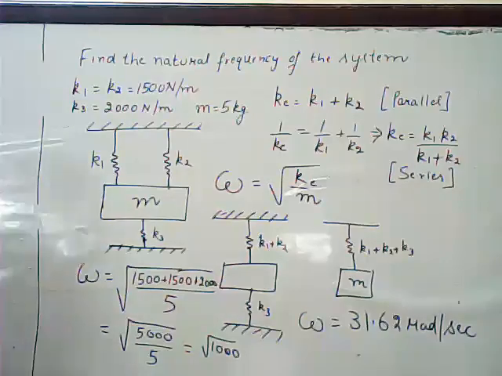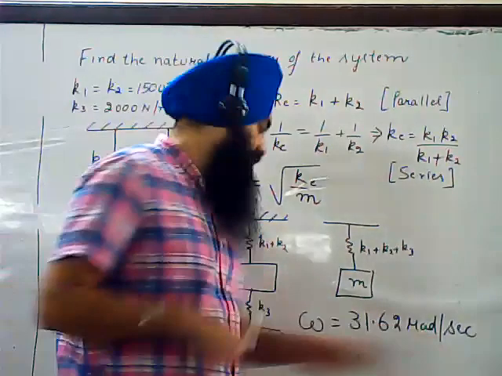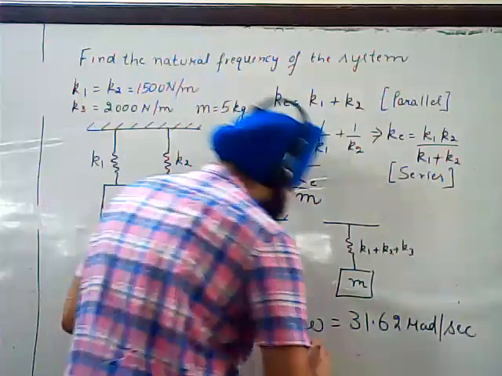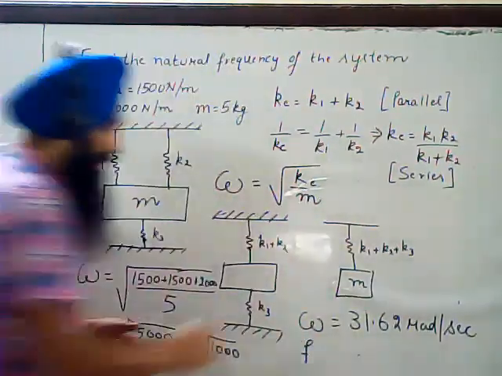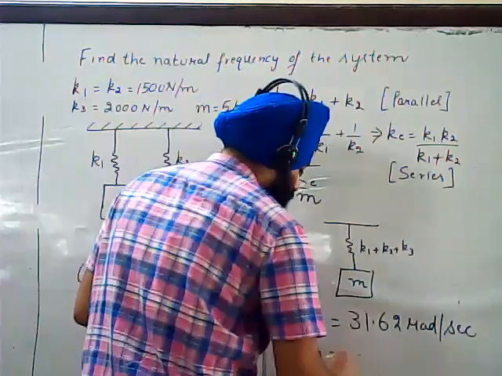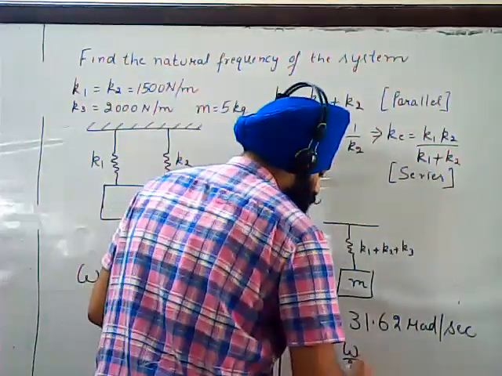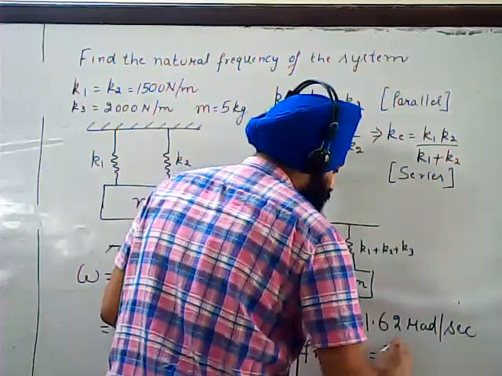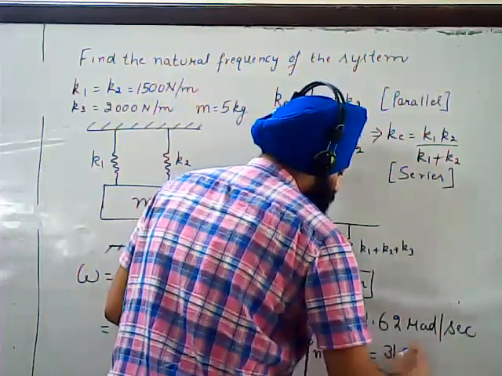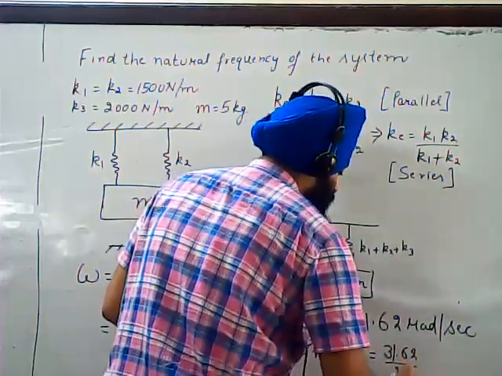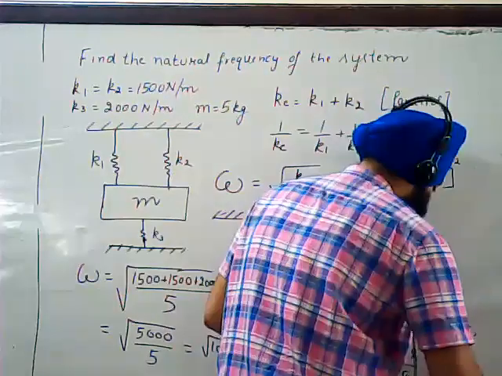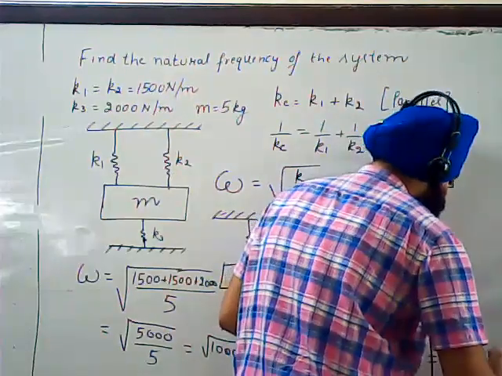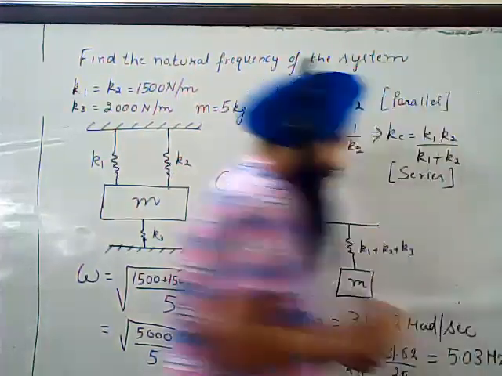If we have to calculate this value in terms of hertz, then Fn will be equal to omega by 2 pi. So it will be 31.62 divided by 2 pi. The value will be 5.03 hertz.